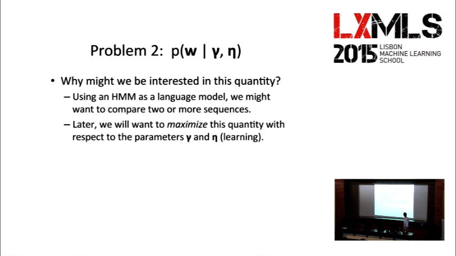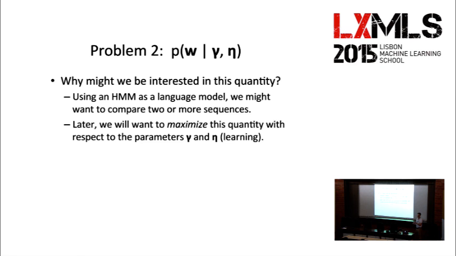Later, we're going to be interested in this quantity because when we estimate the parameters of the HMM, we tend to want to choose parameters, gamma and eta, to maximize the probability of the words. Right? If we see words, we want to pick parameters that make the words likely, just like we did for the n-gram model. We can do the same thing with an HMM, even if we've never observed the states. We'll get to that later, hopefully. If you don't have too many questions, we'll get to it.